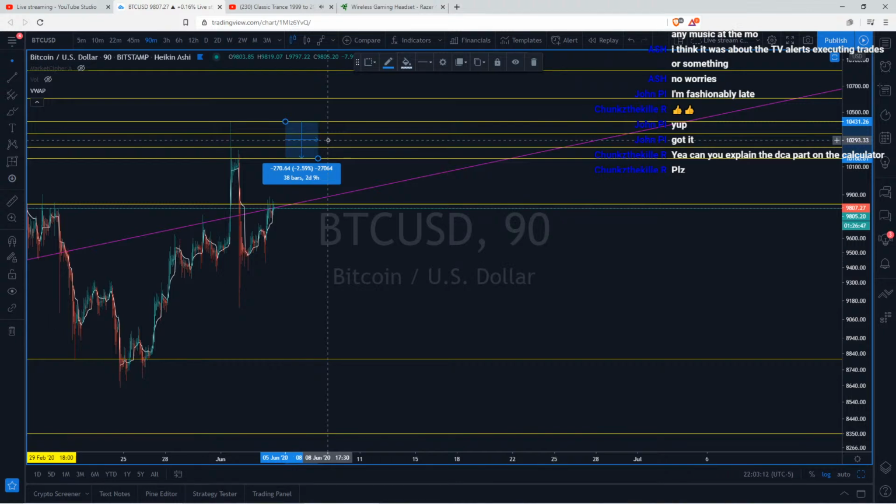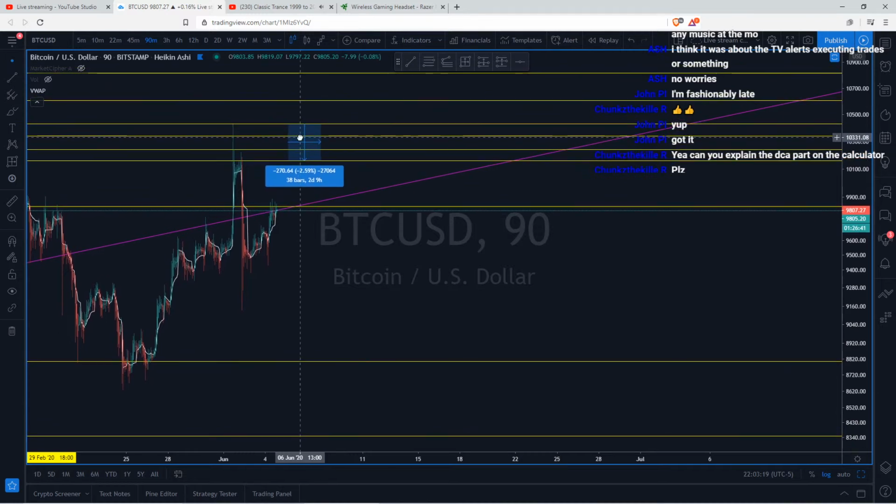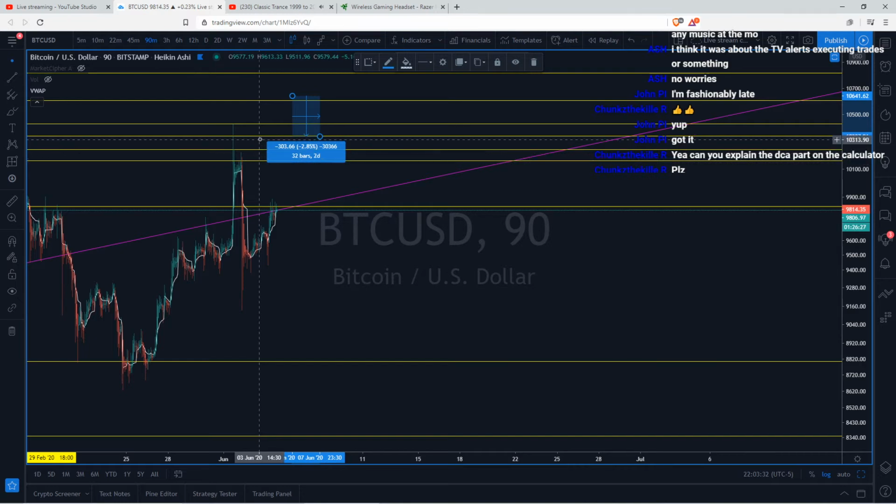But it would be more. I just go ahead and use what it tells me. Let's just assume that every one of your DCA levels got hit. Put 4 different trades right here.